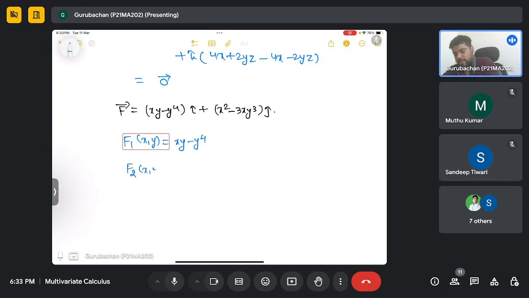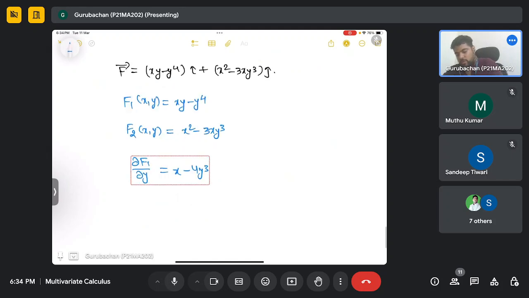f2(x, y) here is x square minus 3xy cube. Calculate here del f1 by del y, which will be x minus 4y cube, while del f2 by del x is 2x minus 3y cube.